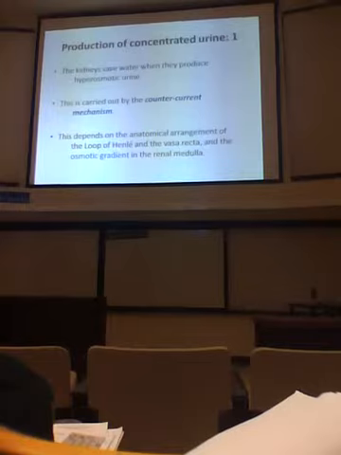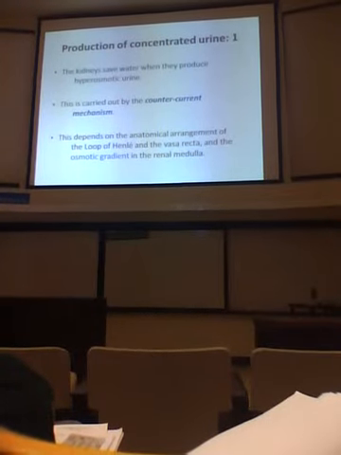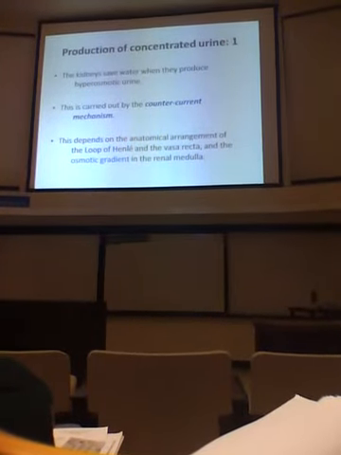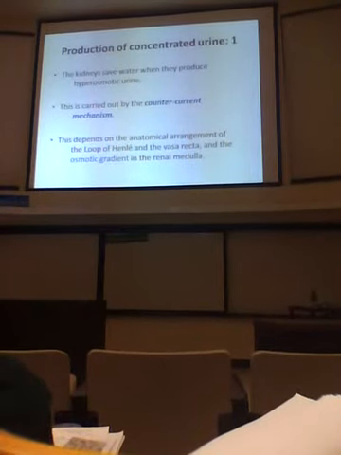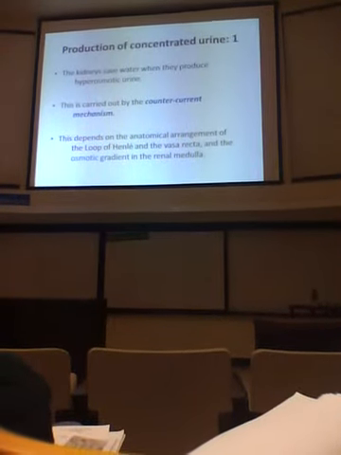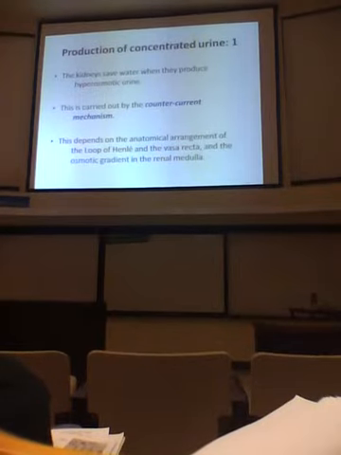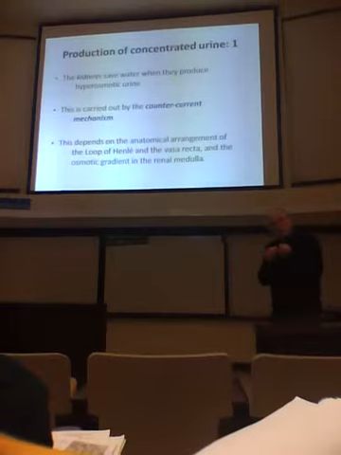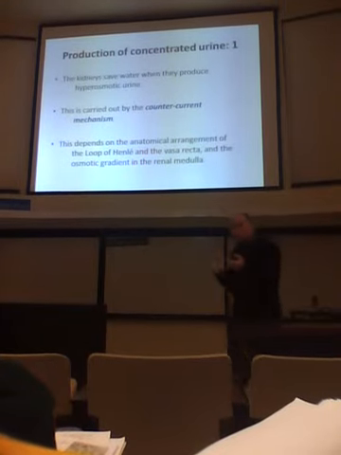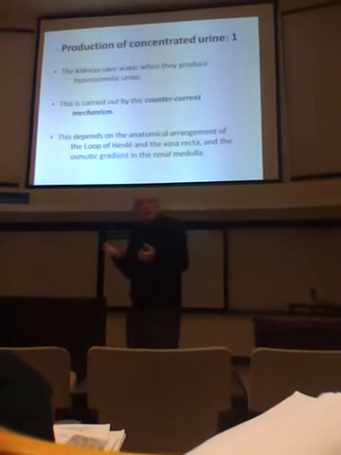Remember what the body fluid concentration is, roughly? 300 milliosmoles. I asked you to remember that number. 300 milliosmoles. We're producing urine. When you are dehydrated, you're producing small amounts of very concentrated urine, much more than 300 milliosmoles. How the hell do we do that?